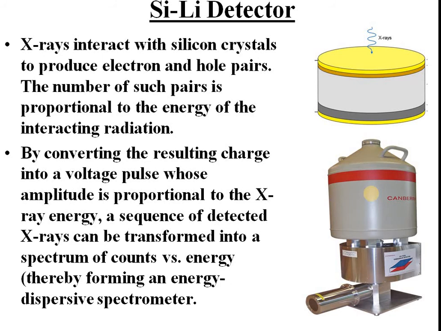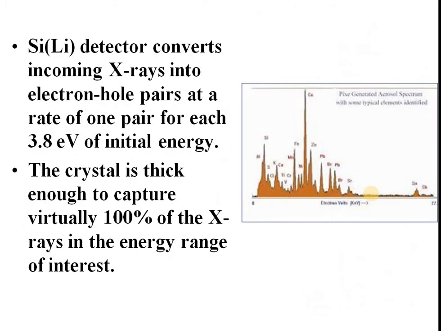These are all the things we usually do with a GM counter or a scintillation counter in your MSc practicals. So a spectrum can be obtained. This is a typical spectrum, energy versus intensity. Each peak in the spectrum corresponds to a different element. The Si(Li) detector converts incoming X-rays into electron hole pairs at a rate of 1 pair for each 3.8 eV of energy.